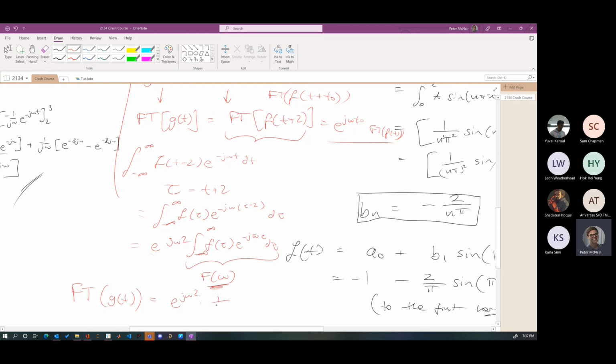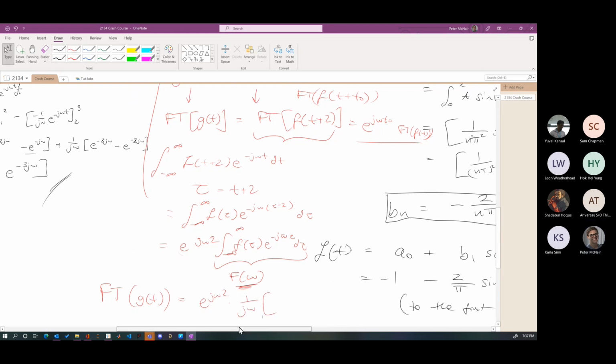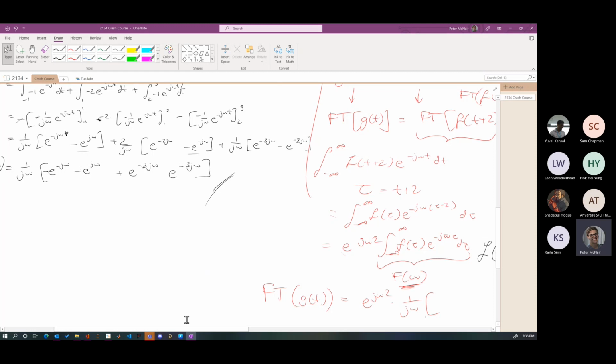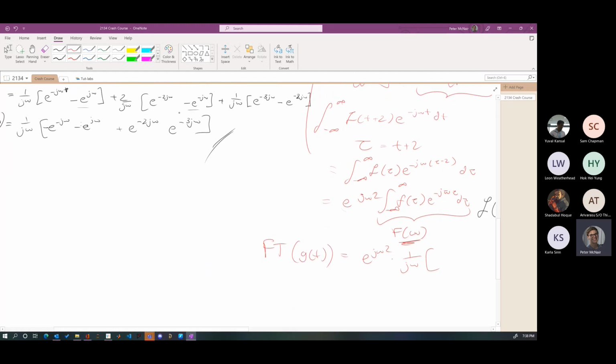1 on j omega, and then just copy this across. But you can see that we've already got a bunch of e to the j omegas, so I'm just going to carry this through.